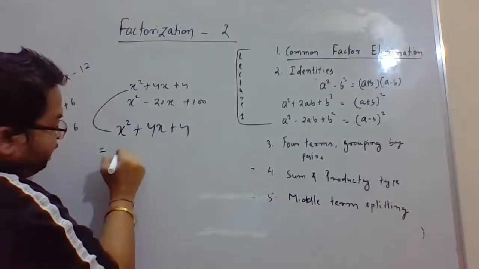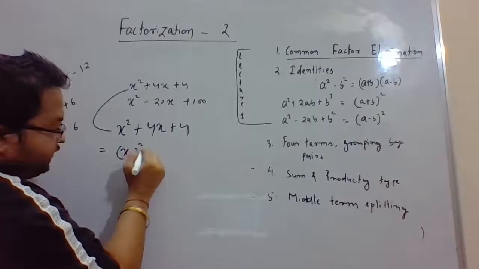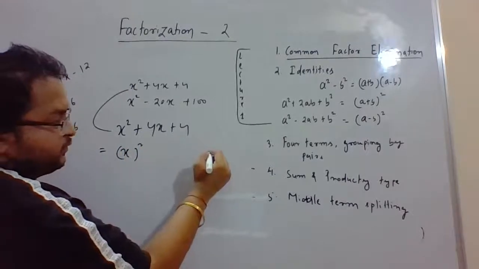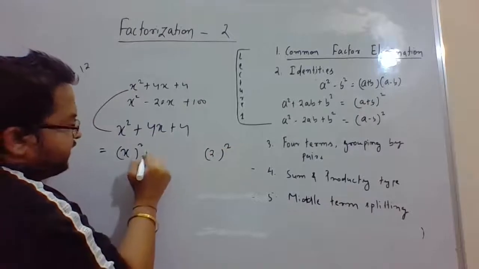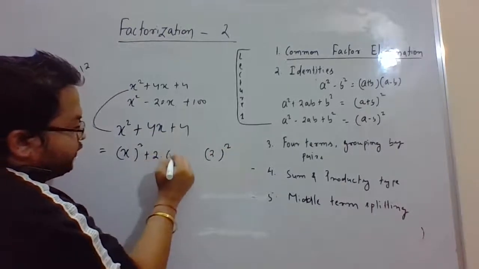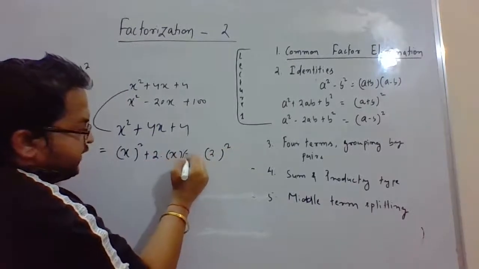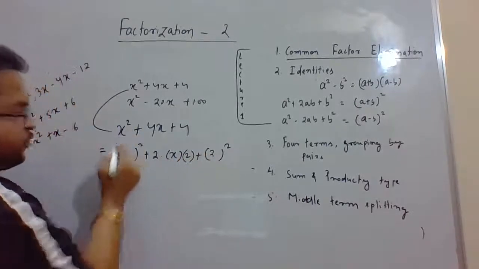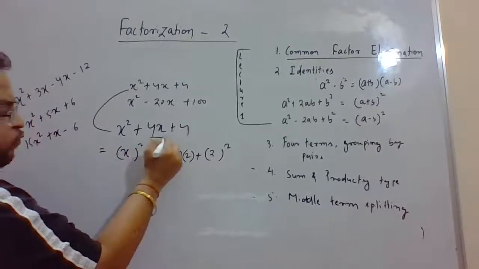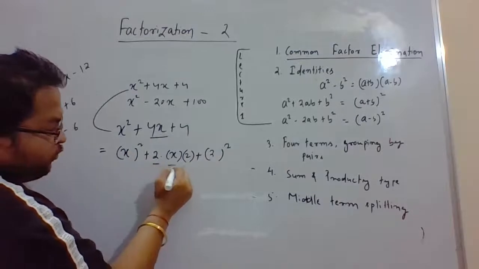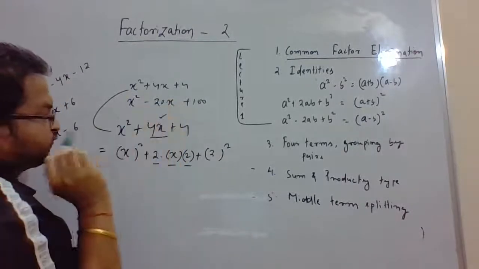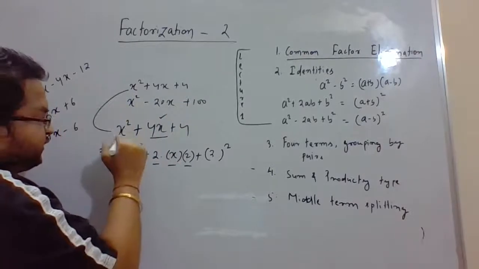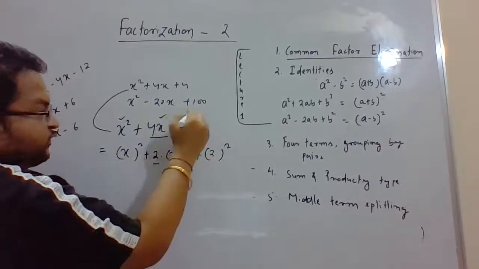It is the square of x, right, plus the square of 2, and the middle term can be easily written as 2 into the first term a into the second term b, right? So if you see, I have just written 4x as 2 into x into 2. So 2 into 2, 4 into x, 4x. So this is fine. Square of x, this is fine. Square of 2, this is fine.